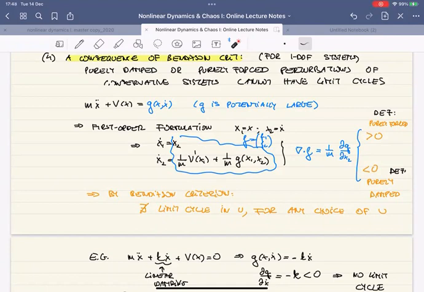So in this case, V doesn't deform, V stays the same. So this means also that the heteroclinic orbits will be robust, since the perturbation doesn't lead to deformations in V, and it stays.